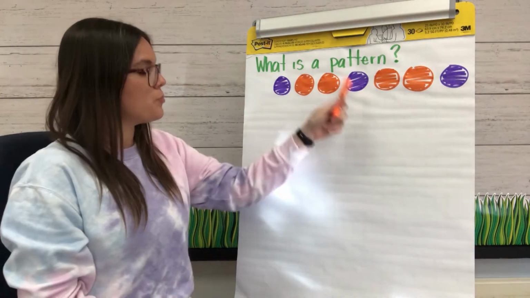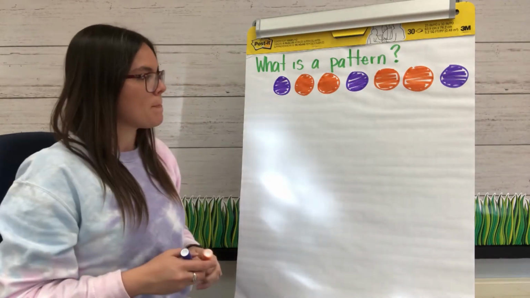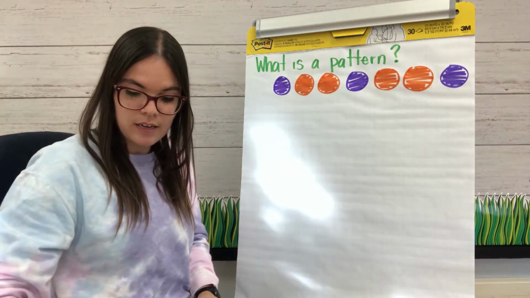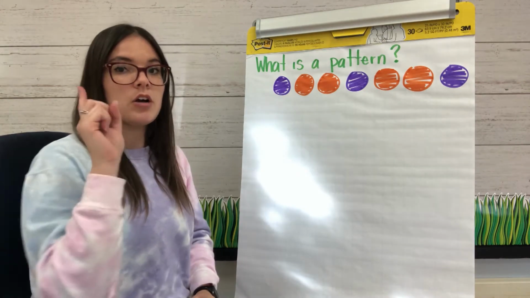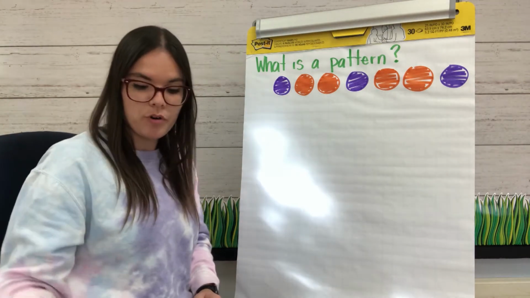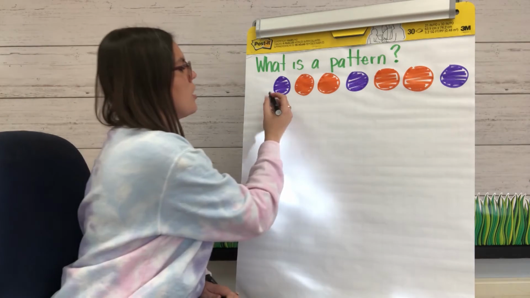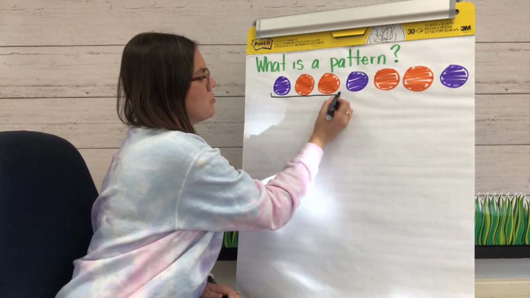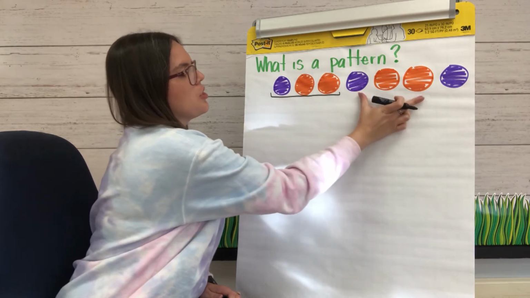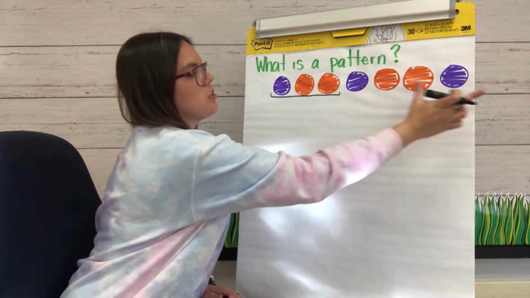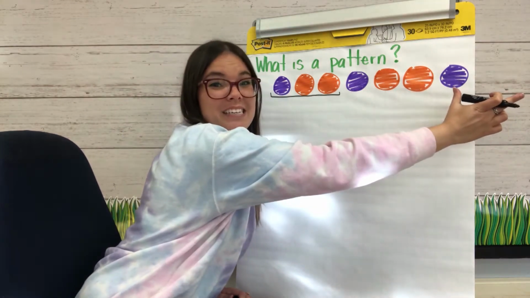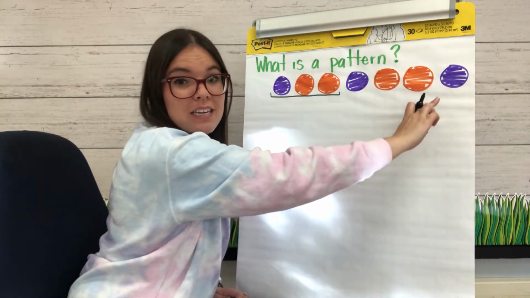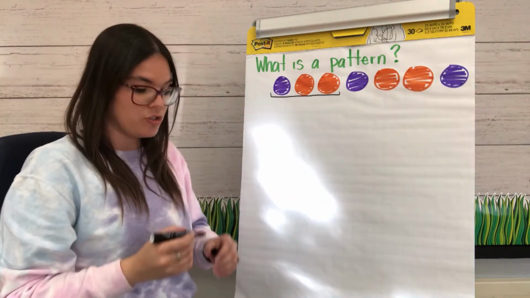Purple, orange, orange, purple, orange, orange, purple. And if I look closely, the ones that are constantly repeating over and over again are the purple, orange, orange. That is starting over here, and then it's going to start over here, but I kind of ran out of space, but we know that if the paper continues, it's going to be orange, orange.